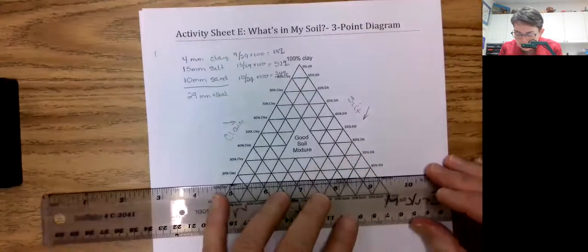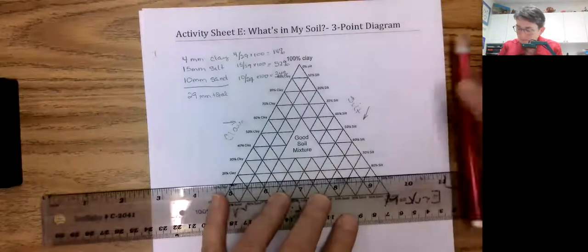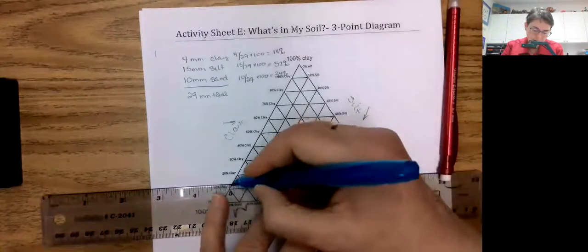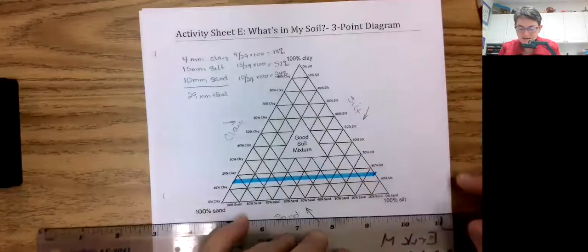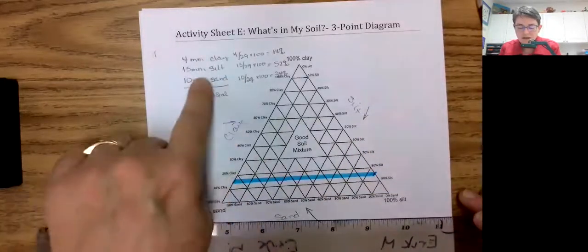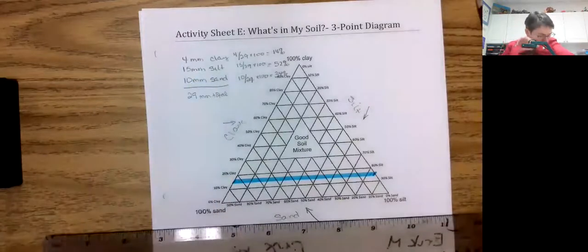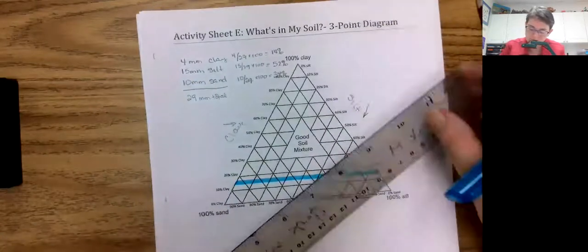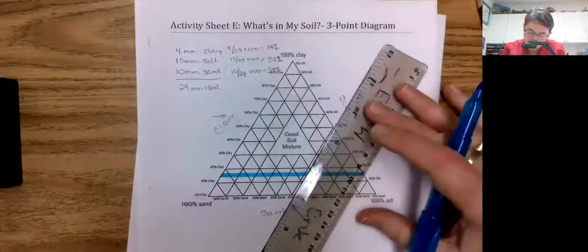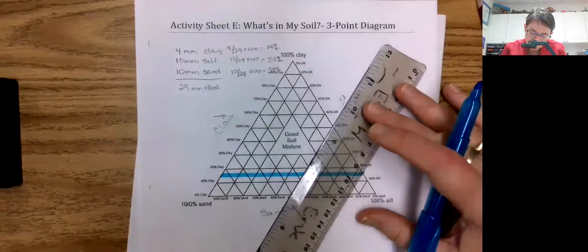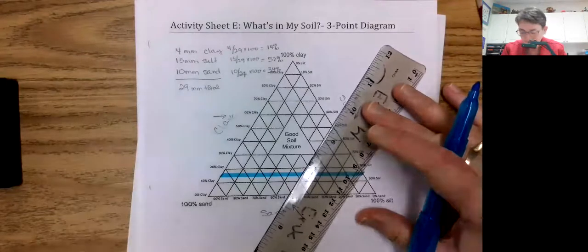I want just a little bit less than half. Oh my, that's a very thick line. All right, that's okay. Now I need my silt, which is 52%. So silt goes downhill. Okay, it's at this angle, and I want 52, so a little bit more.